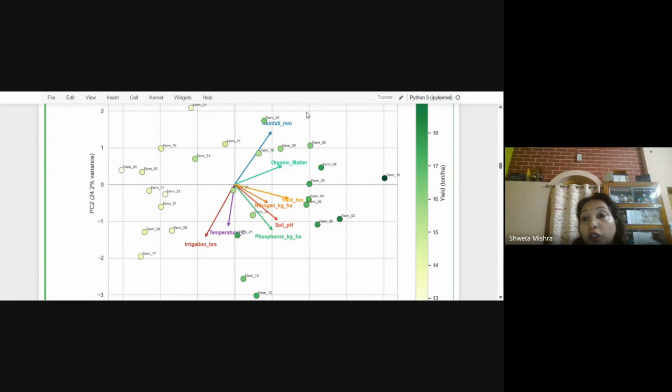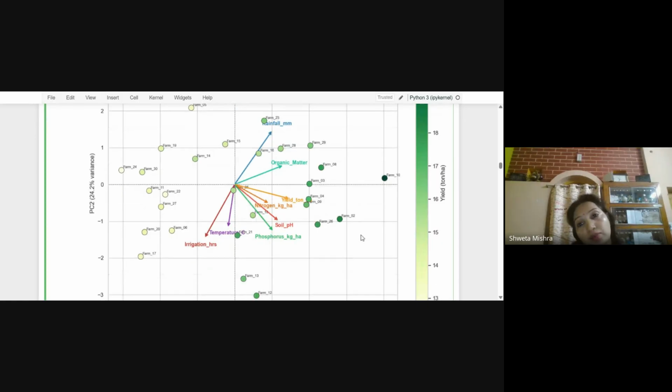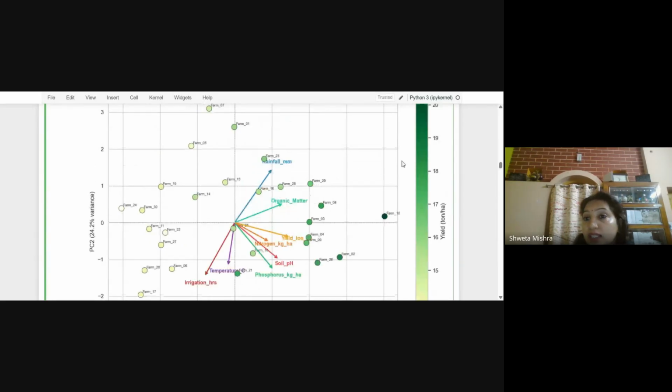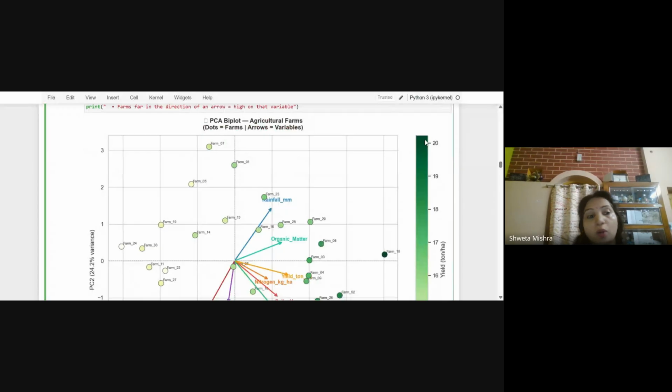How do you read this? Each dot, the small circles you see here, is actually a farm. The darkest green means the farm is mostly impacted by, or comes into, principal component 1.